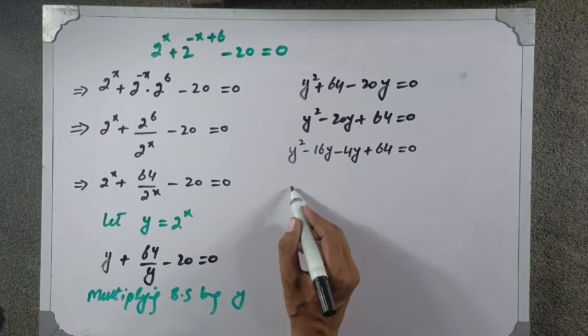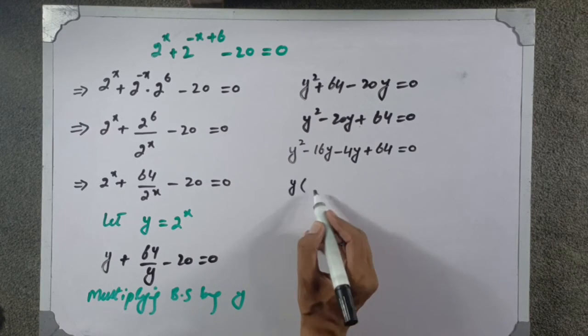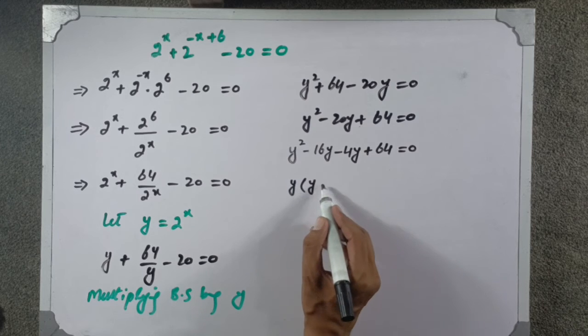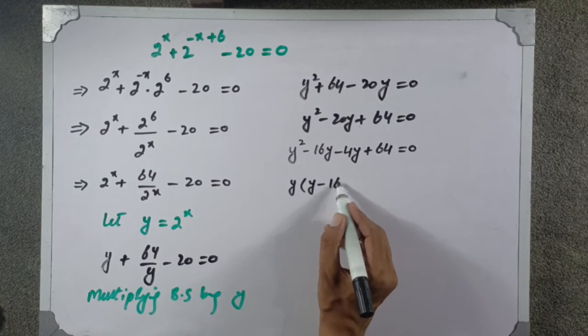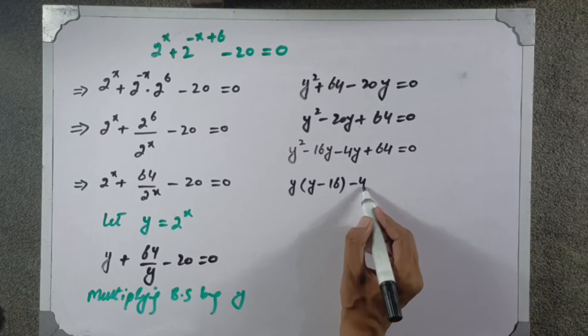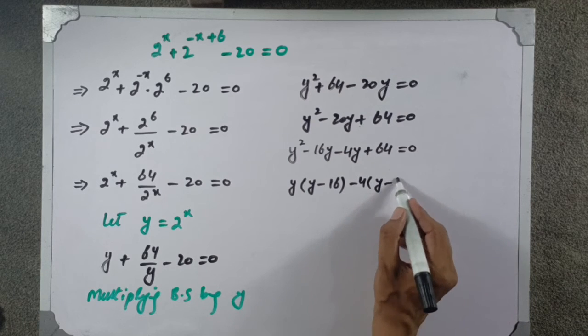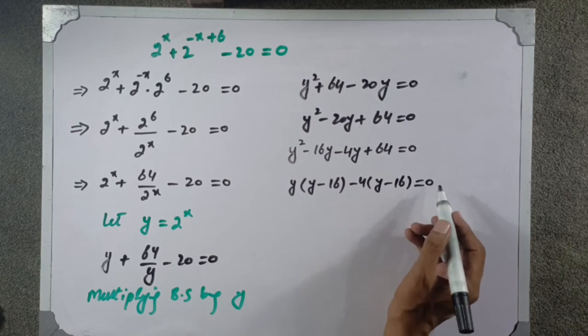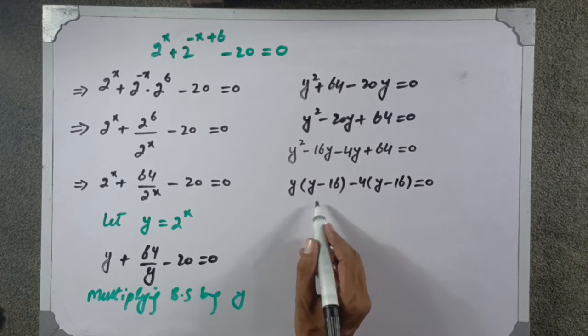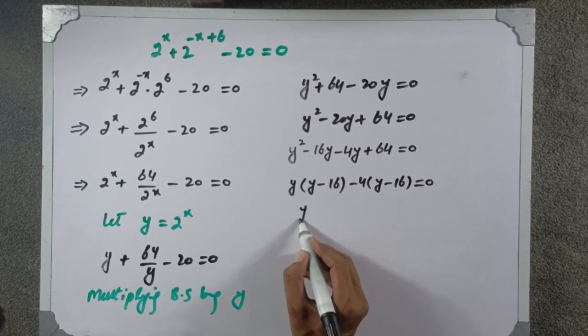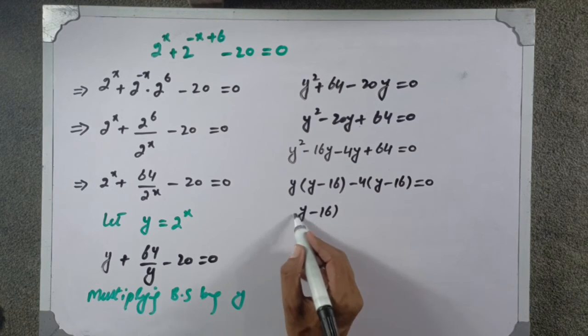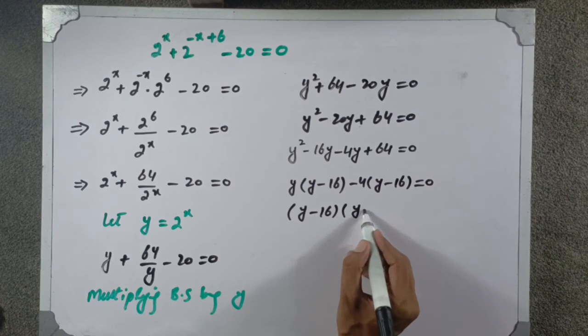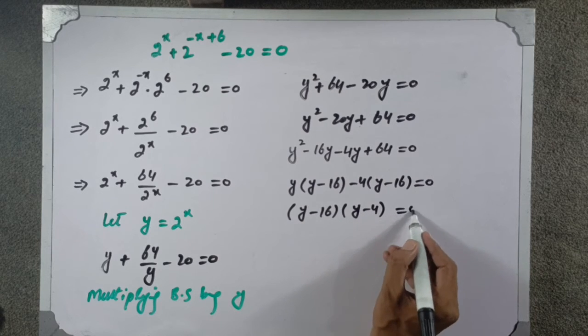Now by taking y common here, this will give you y minus 16. Now by taking minus 4 common here, y minus 16. Now from here we get y minus 16 and y minus 4 is equal to 0.